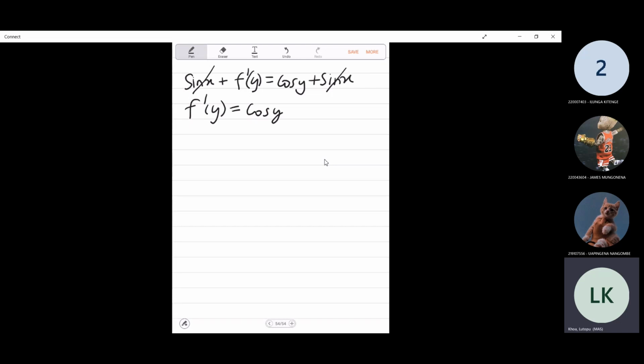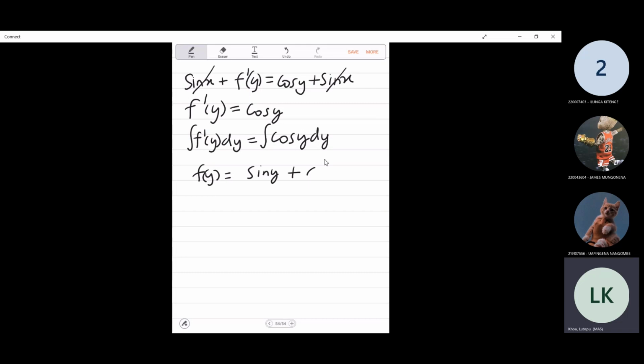And now I want to find f of y. To do that, I integrate with respect to y. So the integral of f prime of y dy is the integral of cos y dy. So f of y, the integral of cos is sine.